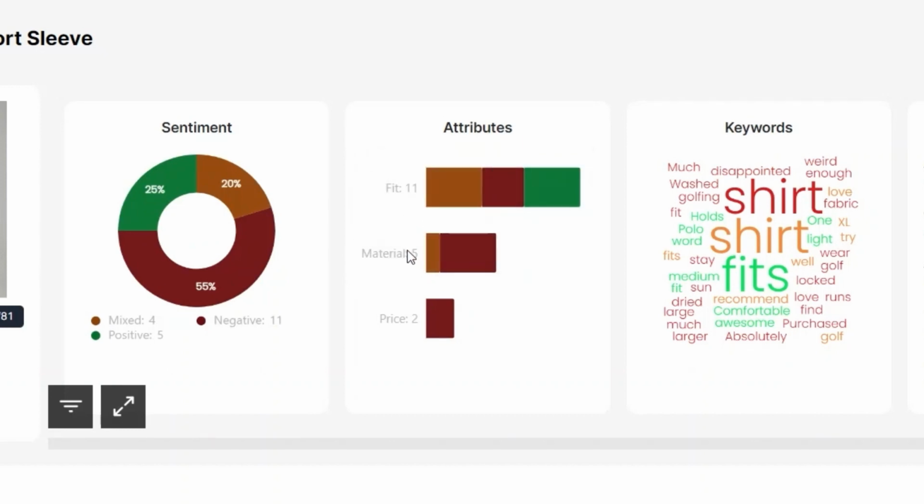For the product material, 5 of the reviews are linked to what users think about the quality of the product. The sentiment highlights that 1 is mixed and 4 are negative. For the product pricing, 2 of the reviews are linked to what the user thinks about the price range of the product. The sentiment highlights that 2 are negative.